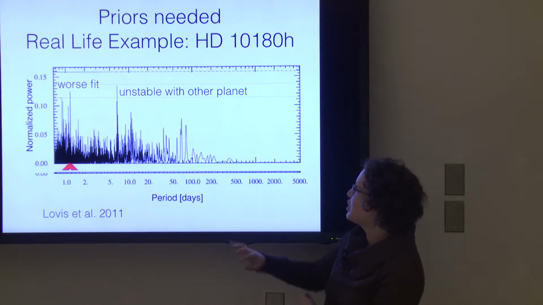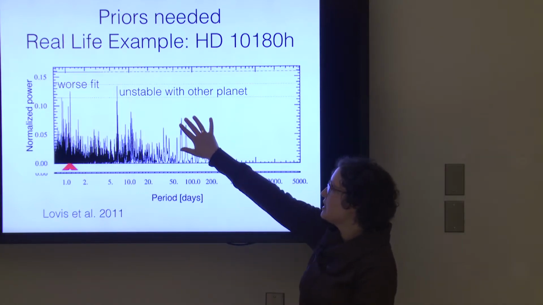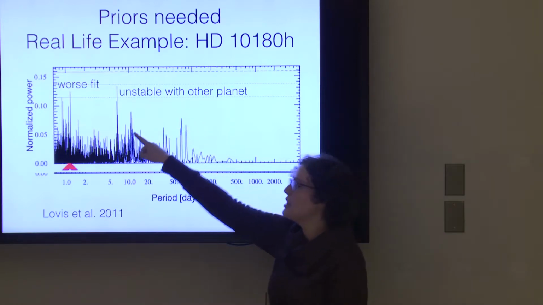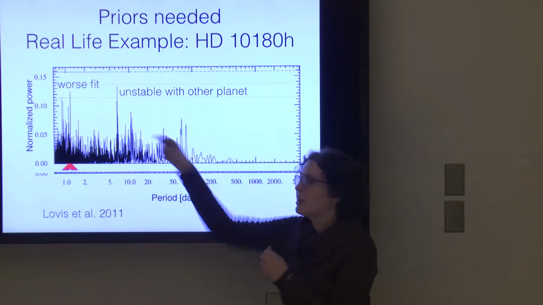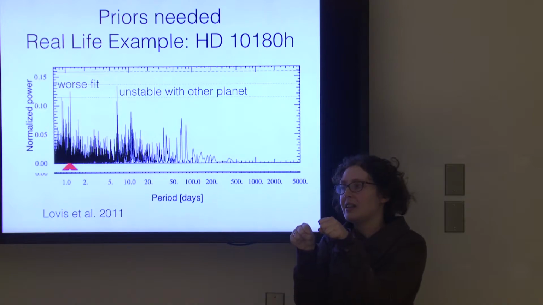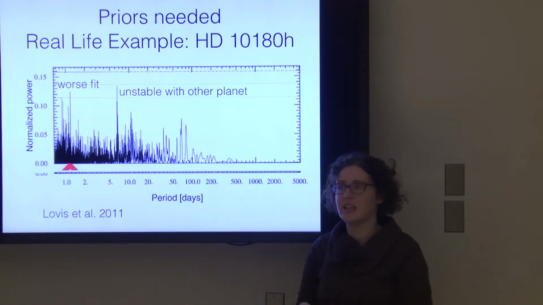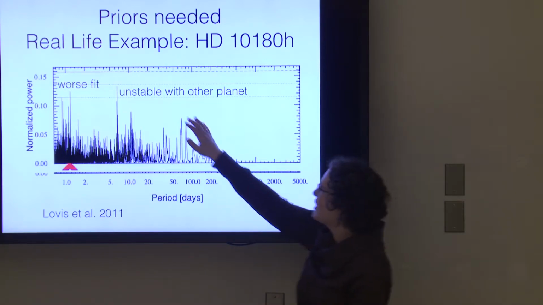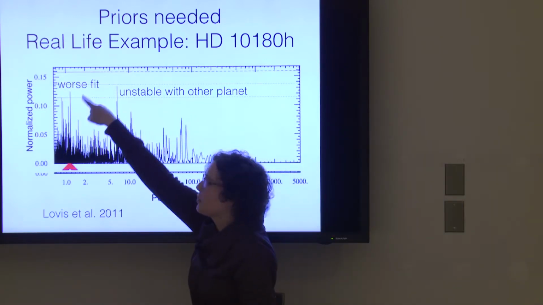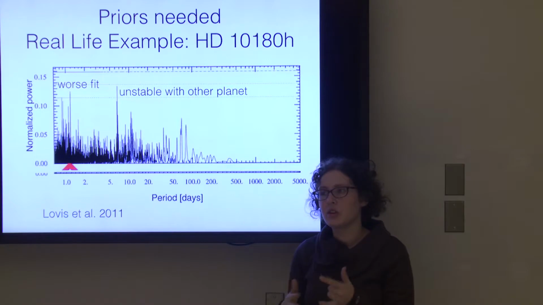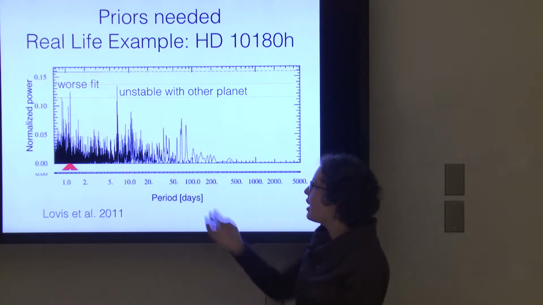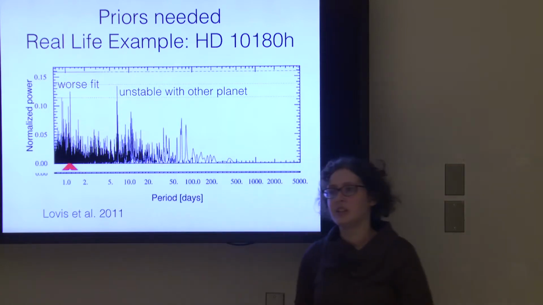But it turns out they had already found another planet in the system, and if they went with this period, this planet would be so close to that other known planet that the system would go gravitationally unstable in a short amount of time. So because of that, they went with this orbital period. This is equivalent to saying we should put a prior to rule out the periods that would be unstable with the planets that we know about.